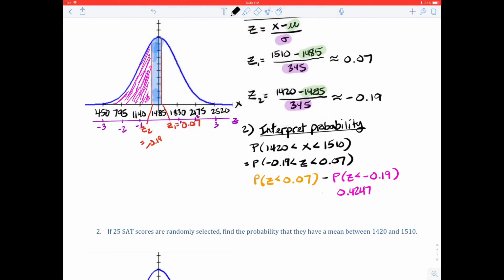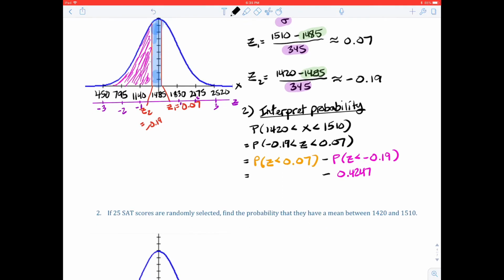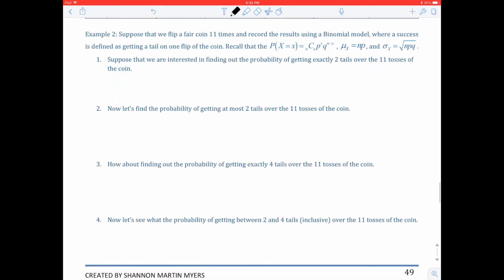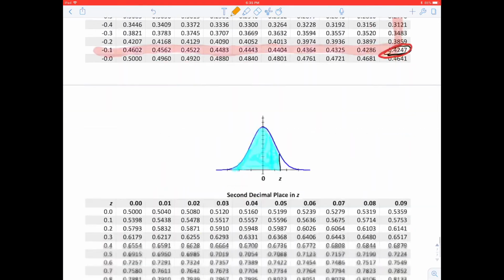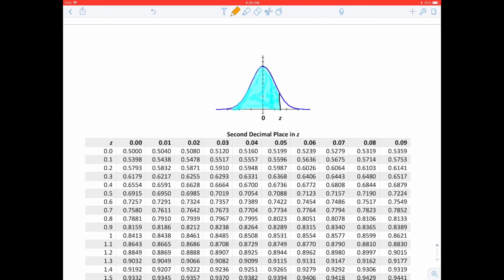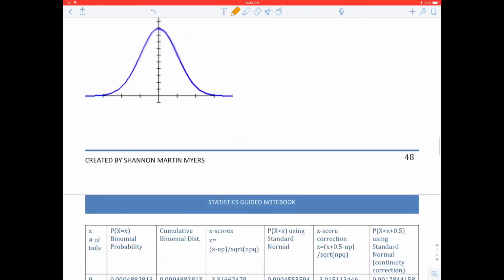And here we need to find the other one. So if we go to the table and we look for the probability that Z is less than 0.07, coming over here, 0.07 would be this top line. Do you see? So we'd be looking at 0.0001, etc., all the way to here. So we get 0.5279.